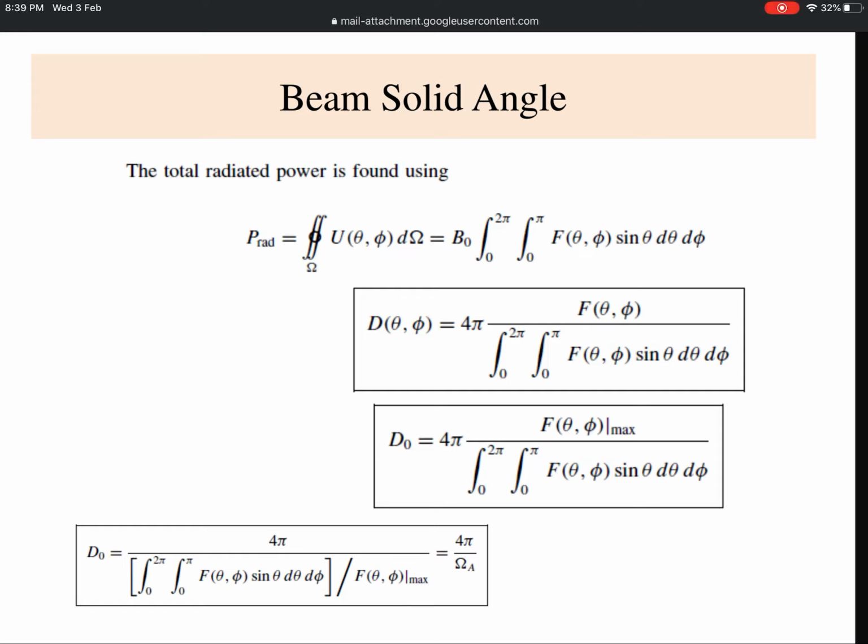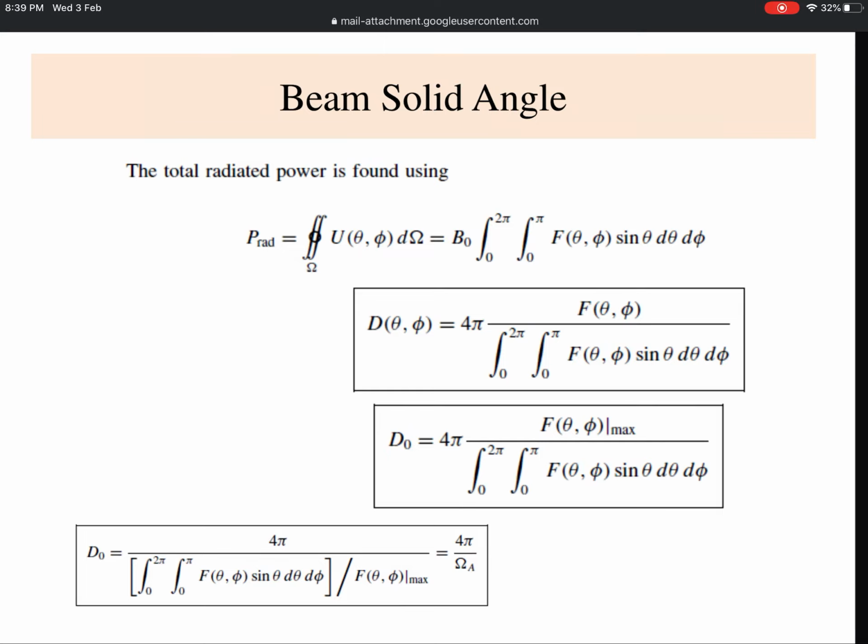Let's say U theta phi equals B naught F theta phi, where B naught is an arbitrary constant, so it comes outside the integral. And d omega I have split into sine theta d theta d phi from spherical coordinates, and put the limits on theta and phi in the integration.